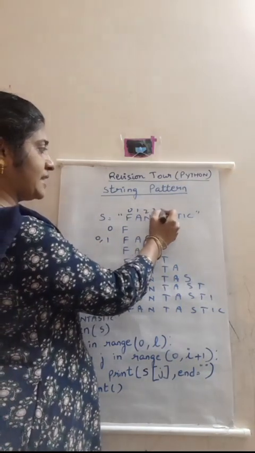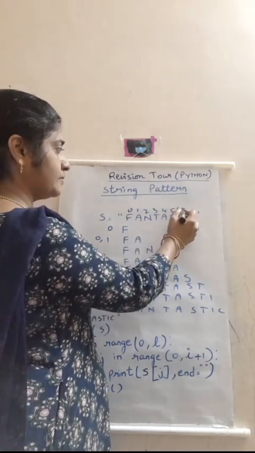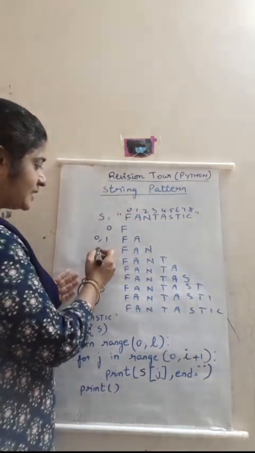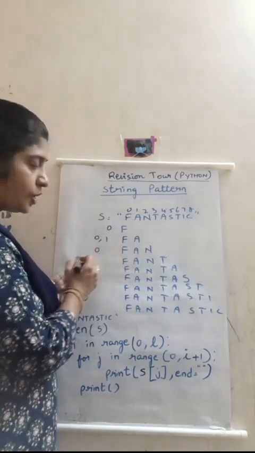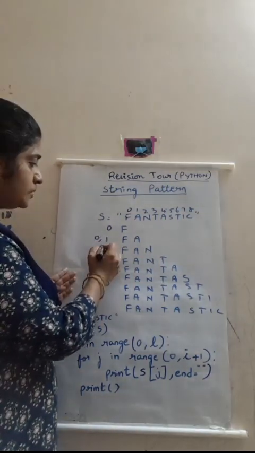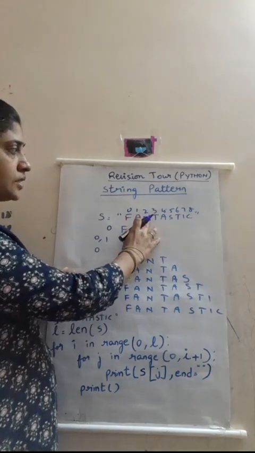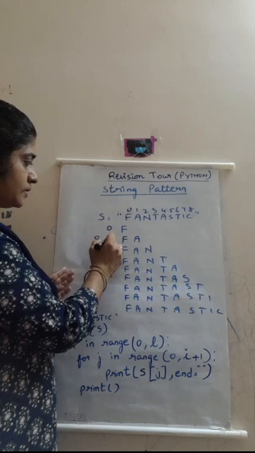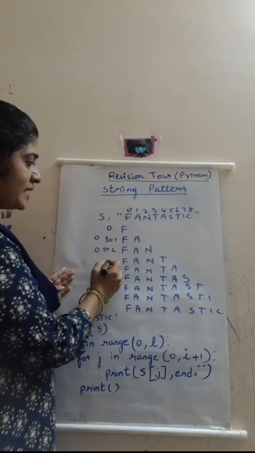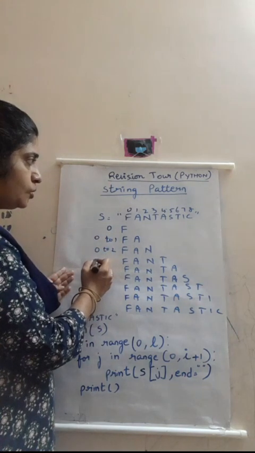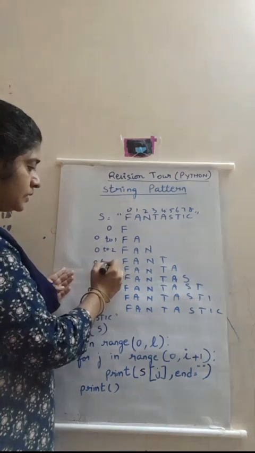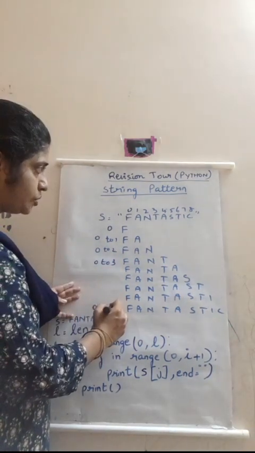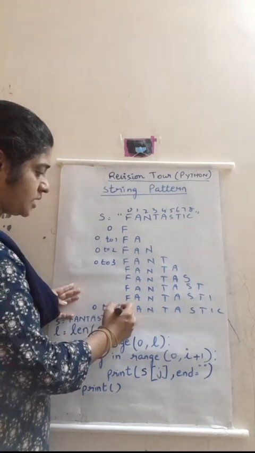I am writing the indexes here: 0 to 1, and the third time 0 to 2, and here 0 to 3. Like this you have to run the loop up to 8.